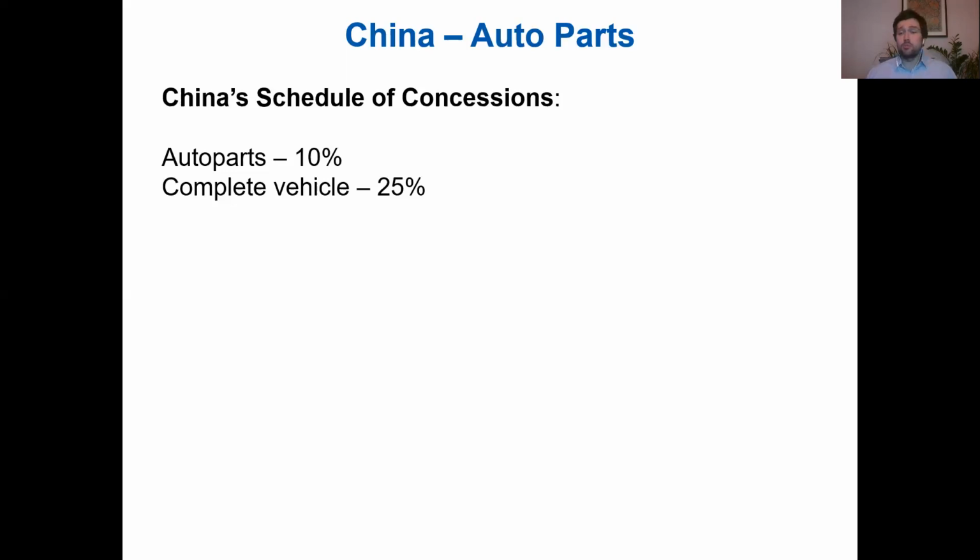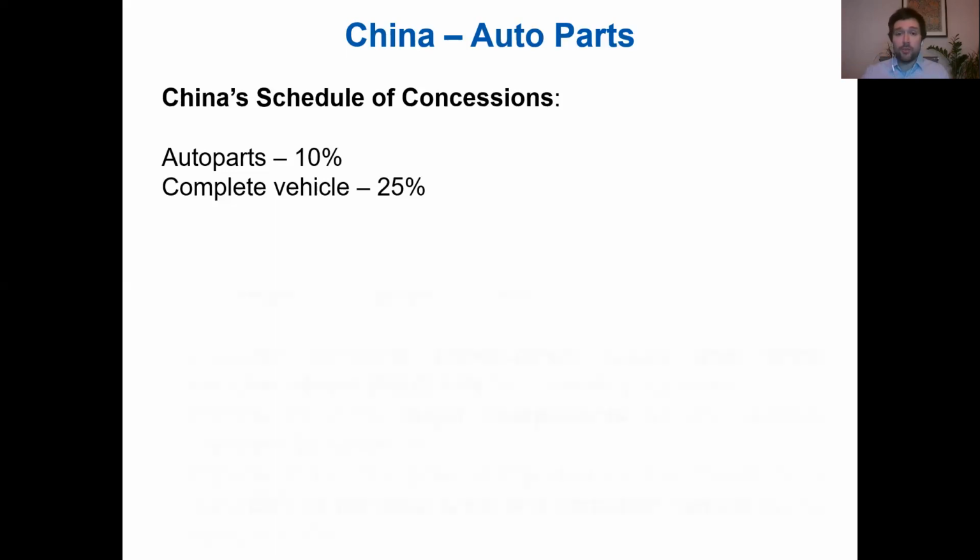So if you would bring a finished car, then you would pay 25%. If you would bring parts and components, you would pay 10%. What China actually did, in addition to that, is that they introduced some anti-circumvention regulation. They introduced some mechanism in order to avoid playing around and in order to avoid violations, in order to secure that these tariff bindings are respected.